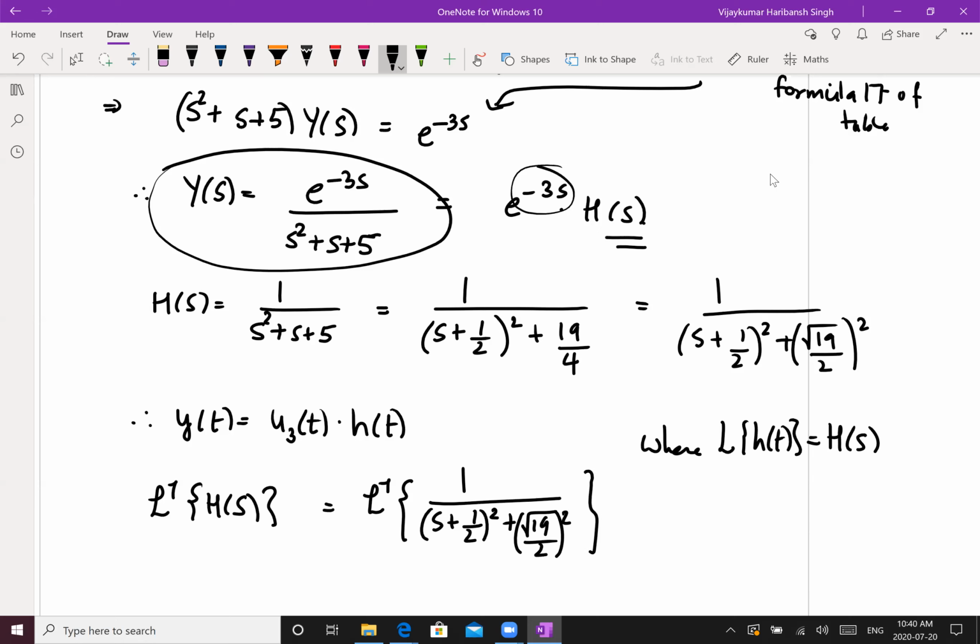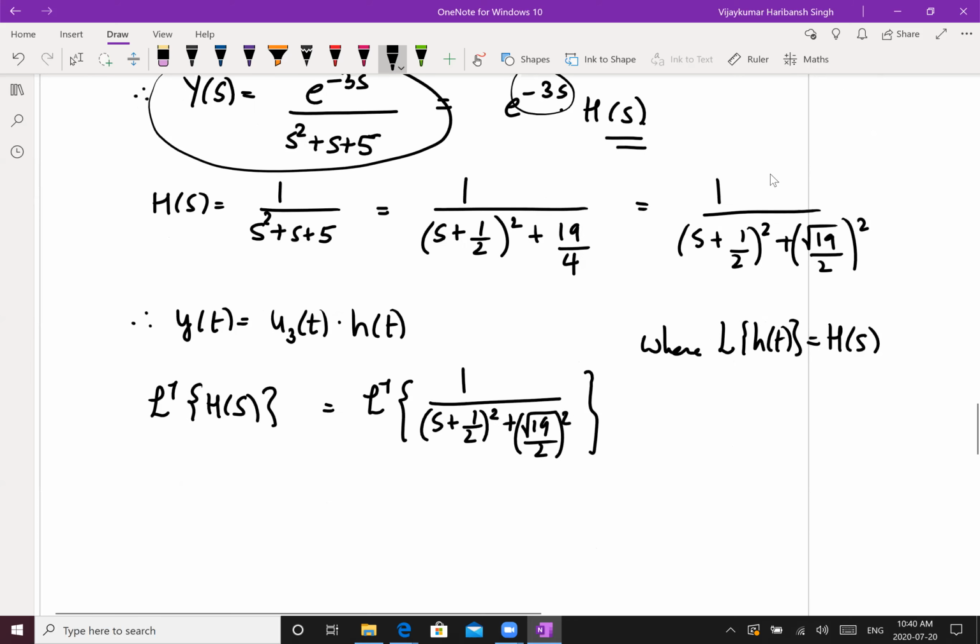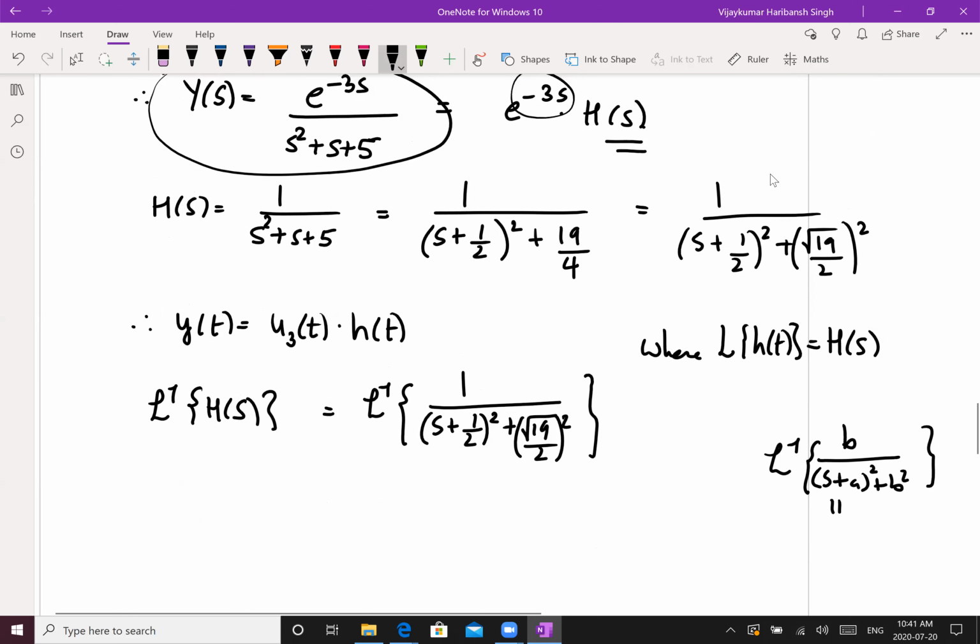Now this would have been sine. Recall that the Laplace inverse of b by (s plus a) squared plus b squared is sine of bt times e to the power minus at.